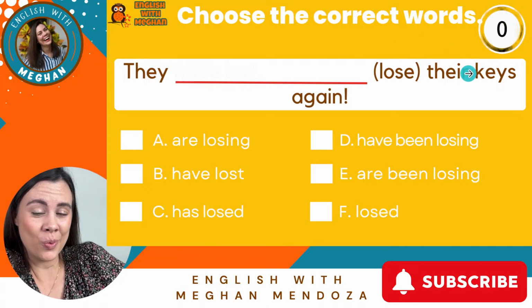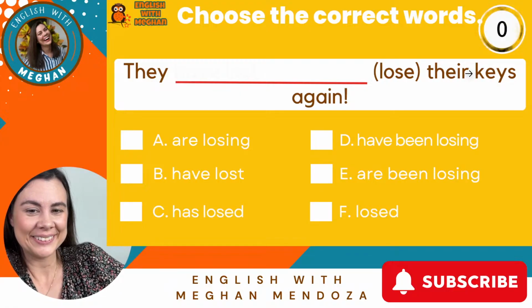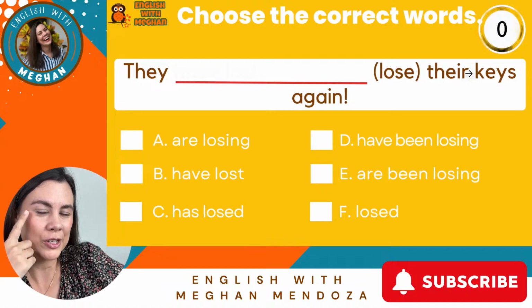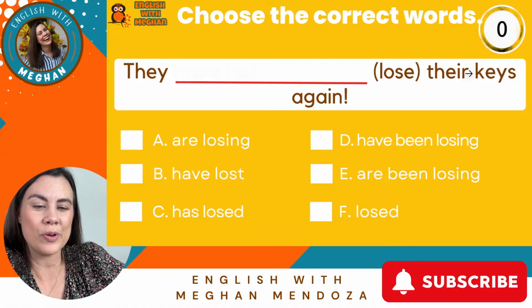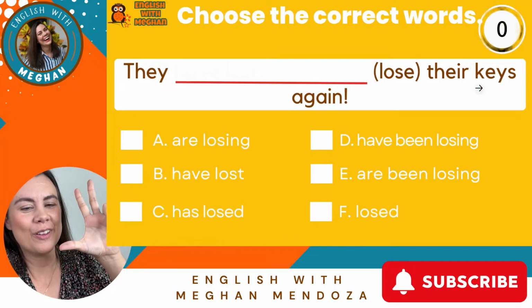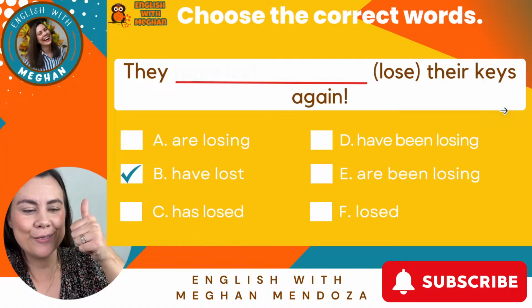If I ask you why, you should be able to tell me right now, okay? And I also want you repeating these sentences, okay? Focus on your pronunciation, super important. So 5 more seconds. 5, 4, 3, 2, 1.